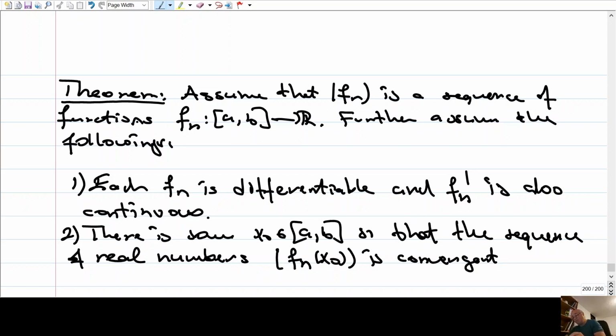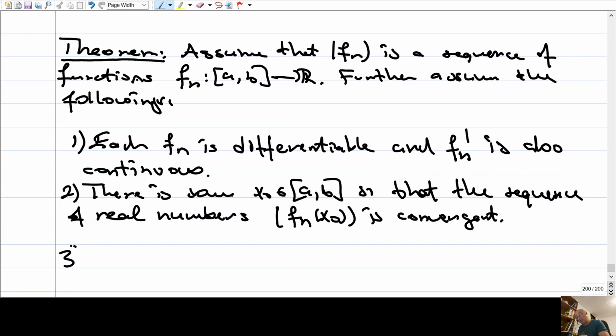I don't assume Fn's are converging to a function uniformly. I only assume that there is a point, and at that point, if I evaluate these functions, the sequence I obtain is convergent. And I also assume this.